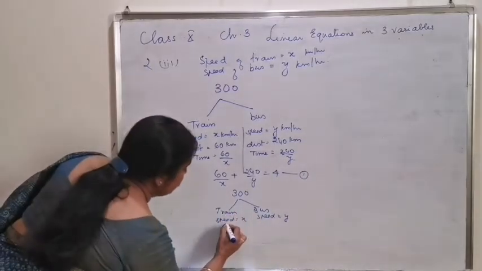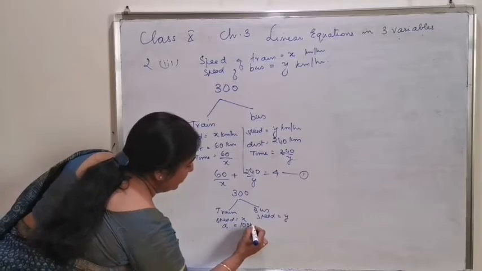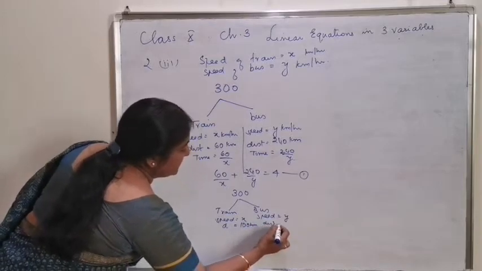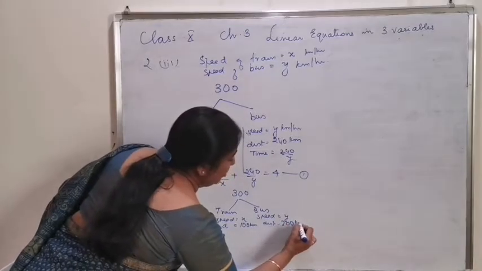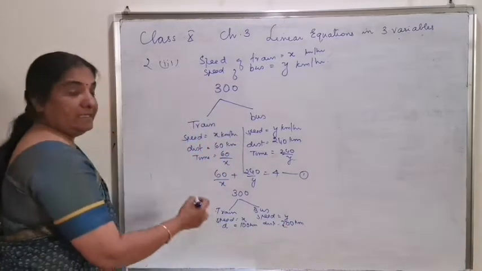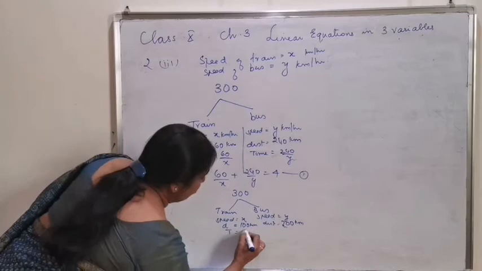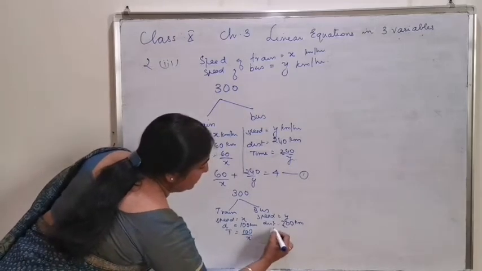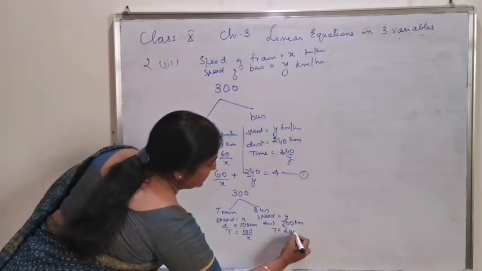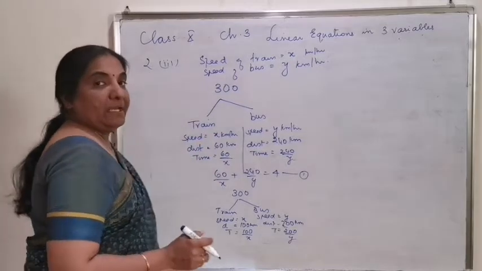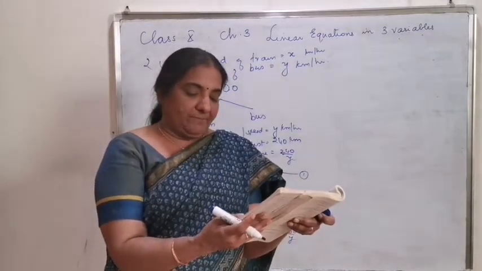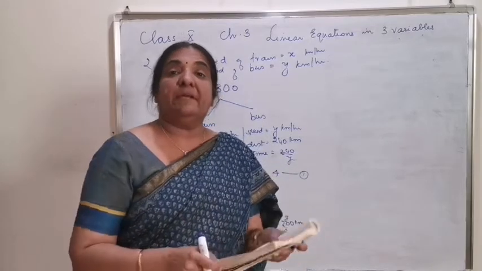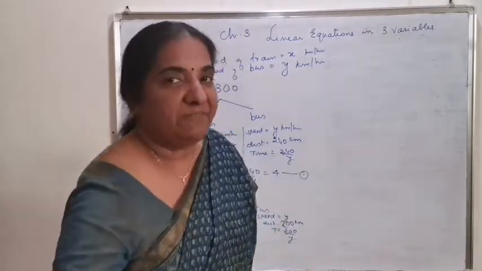Therefore, the distance by bus is 300 minus 100, that is 200 kilometer. In this case, what is the time? The time is 100 by x, and by bus it is 200 by y. It is given that in this combination the total time is 10 minutes longer than the previous timing.